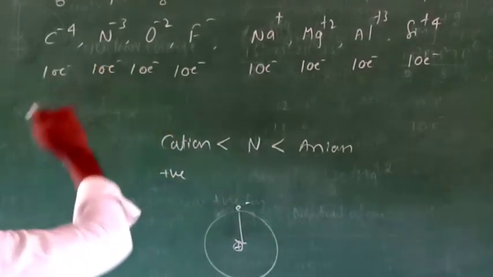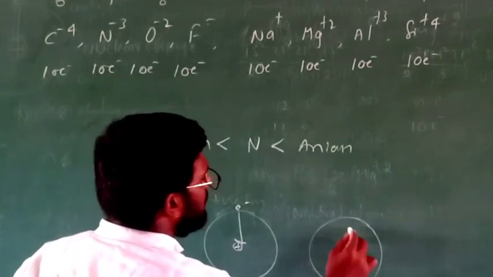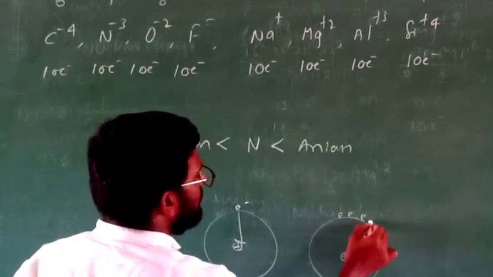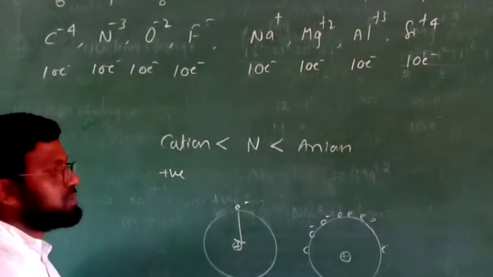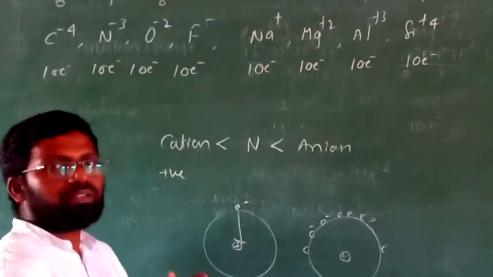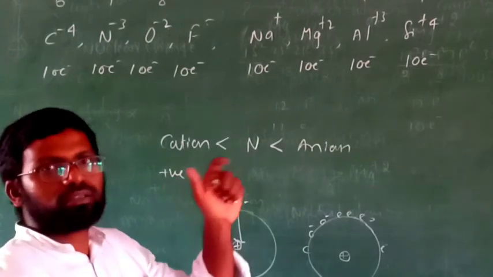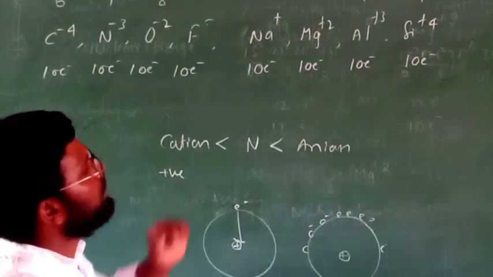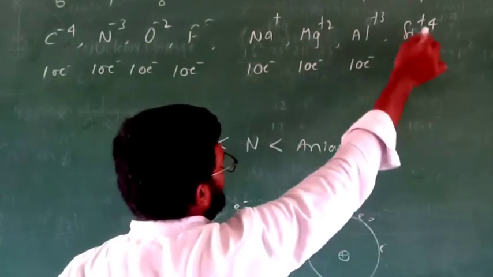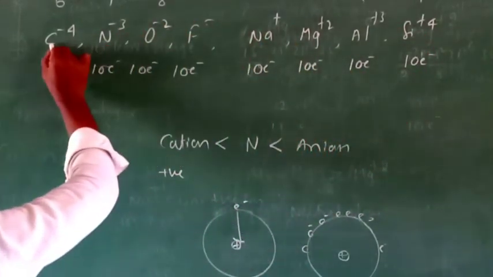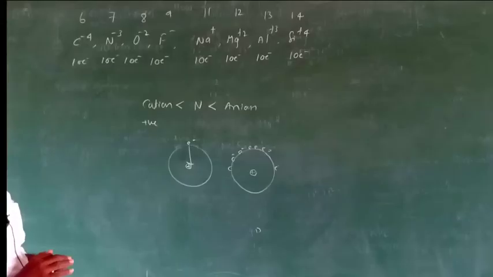Next, in case of anions, as the number of electrons increases, nuclear force decreases. As the nuclear force decreases, electrons move gradually away from the nucleus. So the size of the anion gradually increases. So among these, which has more nuclear charge, more positive charge? Silicon, Si plus 4. So it is the smallest ion, and C minus 4, having more negative charge, is the largest ion.